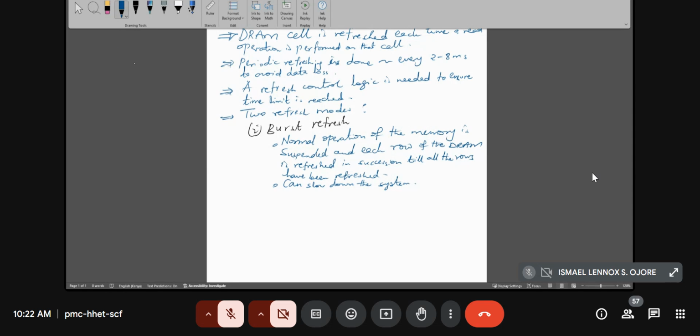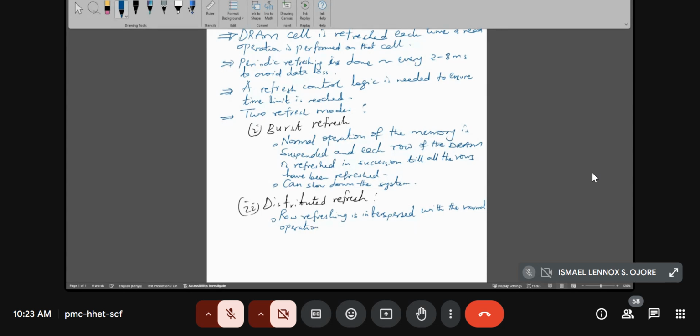The other refresh mode available or used is the distributed refresh mode, and under this, the row refreshing is interspersed with the normal operations.